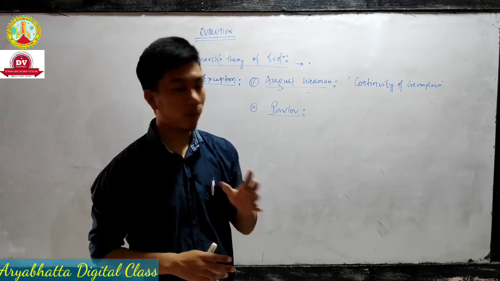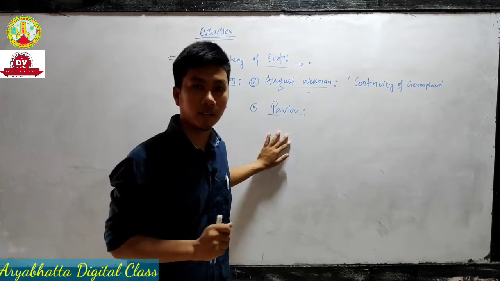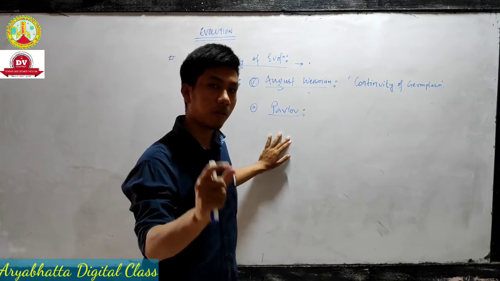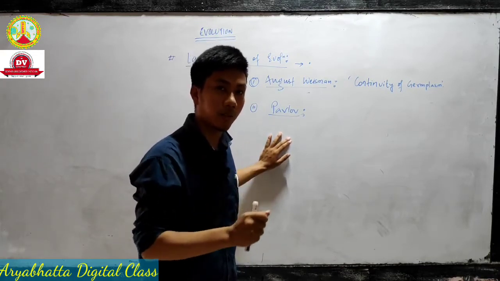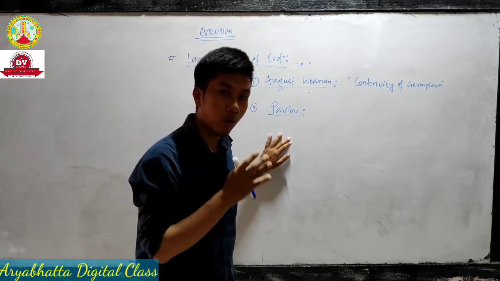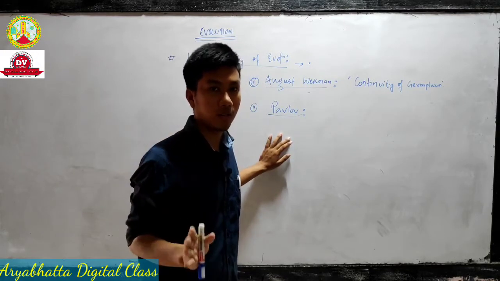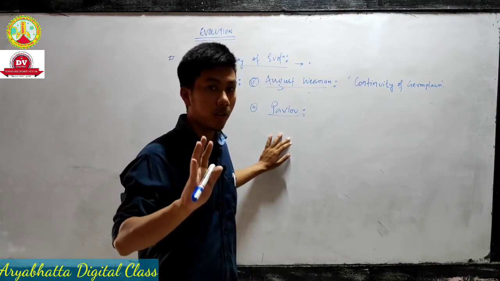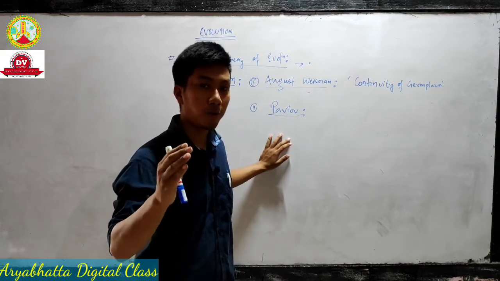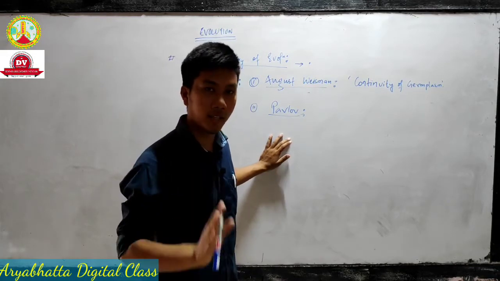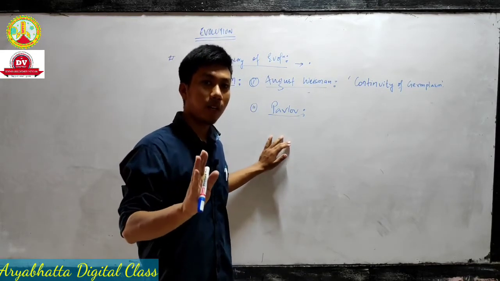Pavlov shouldn't have to teach that again, because the dog has already acquired that character. Whenever the bell rang, the dog knows that that is the time for lunch. So when the offspring is born, the offspring should acquire that character, right?